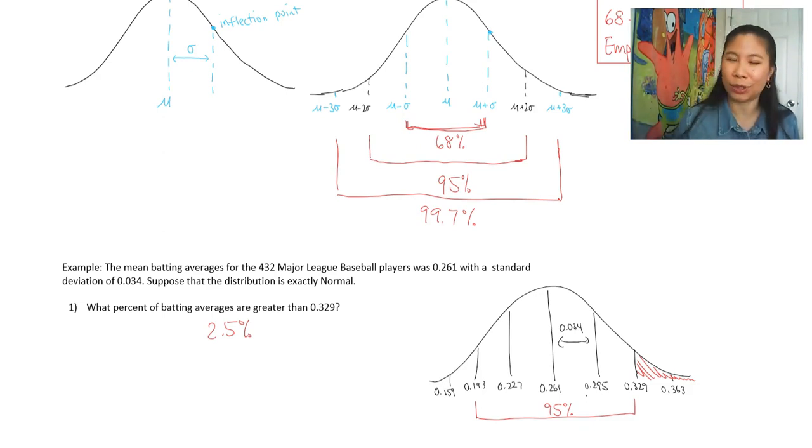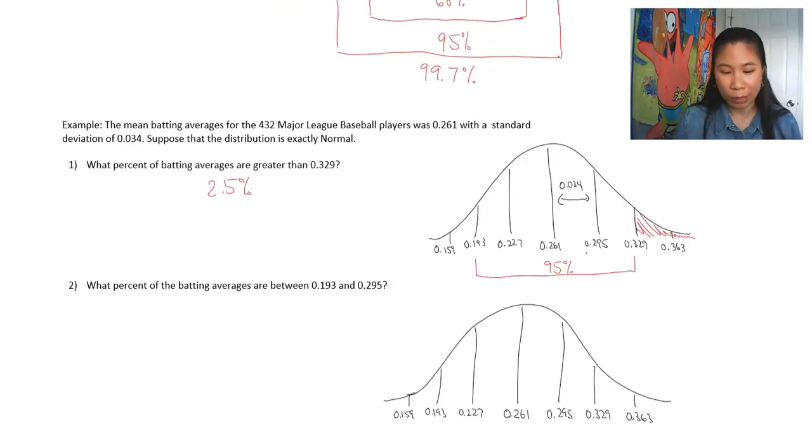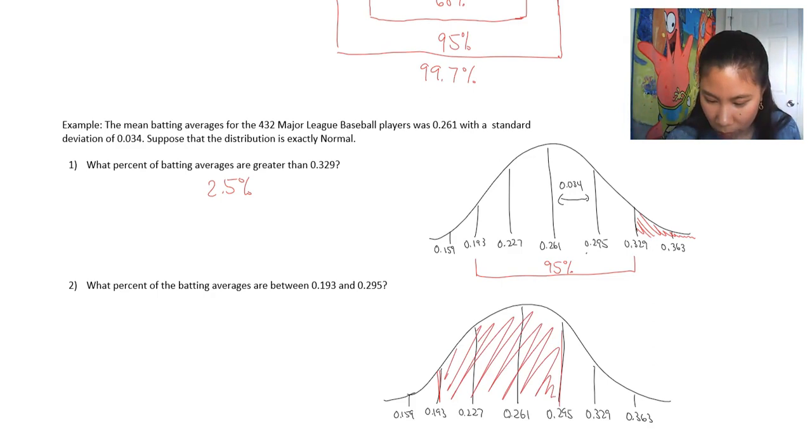Let's do another example so you can see how to think about these. Okay, so this time I'm looking for the percent of batting averages that are between 0.193 and 0.295. So looking at my picture, I've redrawn it just so it's easier for me to see. But 0.193 is here, and 0.295 is here. So I want this area in the middle.